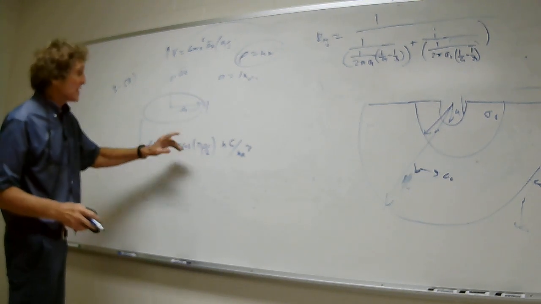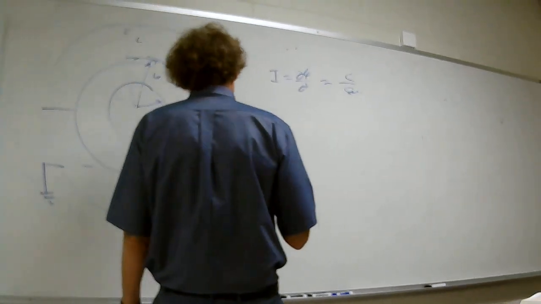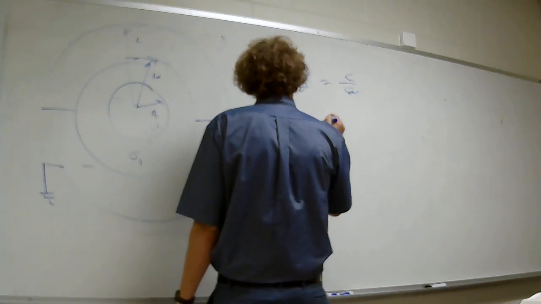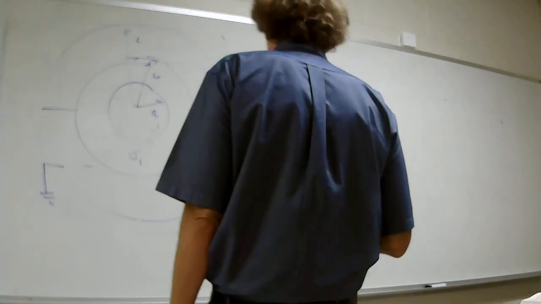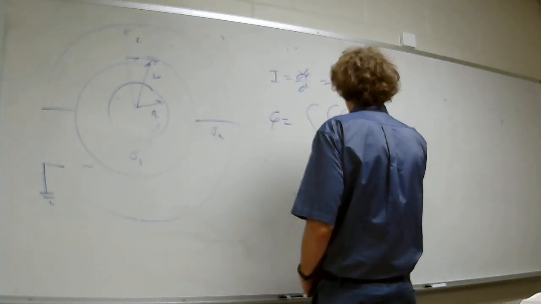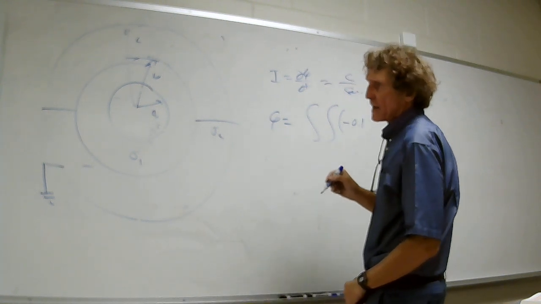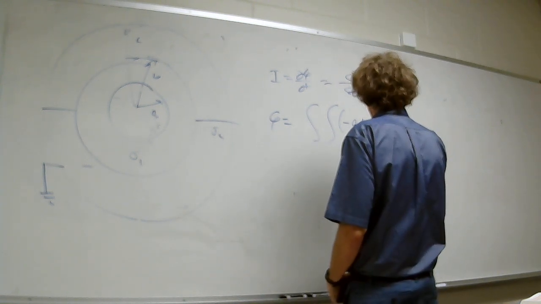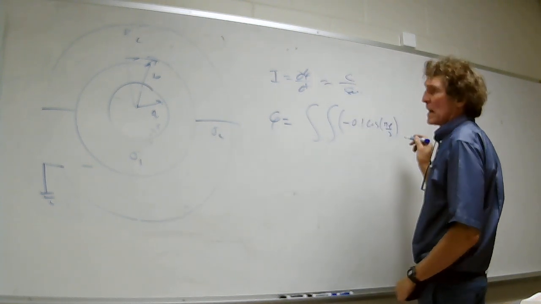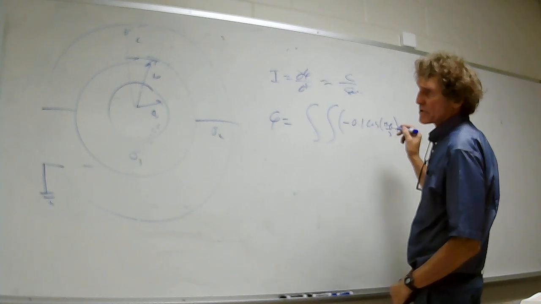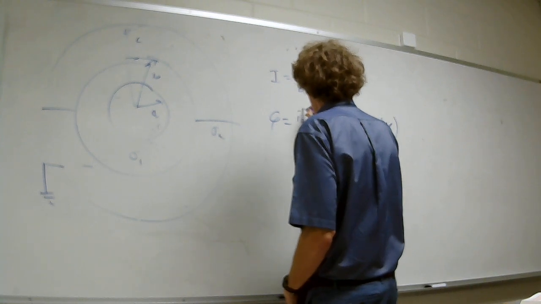Total charge is going to be a double integral, a surface integral of that charge density, with velocity, 0.1 times cosine of pi times rho over 2. That's the surface charge density. This is nanocoulomb, so I'll put 10 to the minus 9th out front.